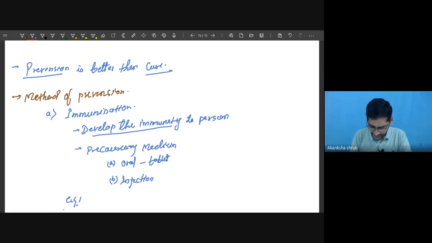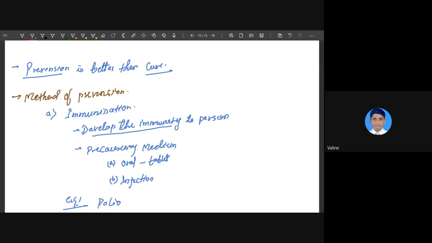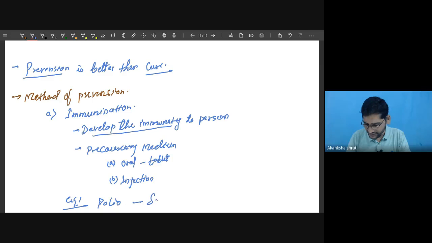Example, the term polio. Polio was quite common in earlier days, but now there is the polio drop and the Salk vaccine.